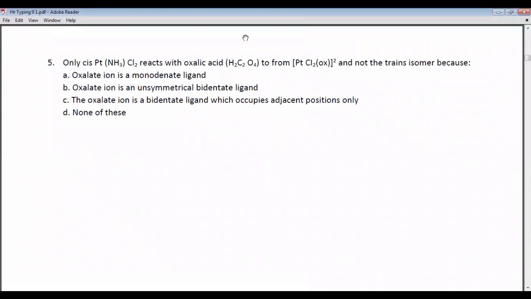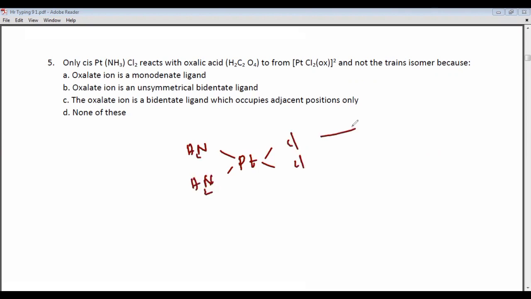Next question. Only cisplatin reacts with oxalic acid to form Pt(ox), and not the trans isomer, because, listen, when the cisplatin reacts with the oxalic acid, oxalate replaces, and this happens only in the case of cis.